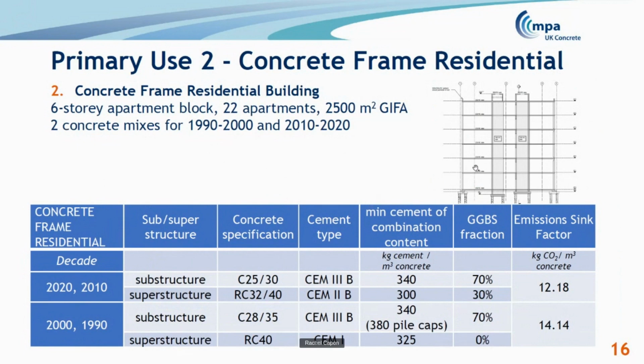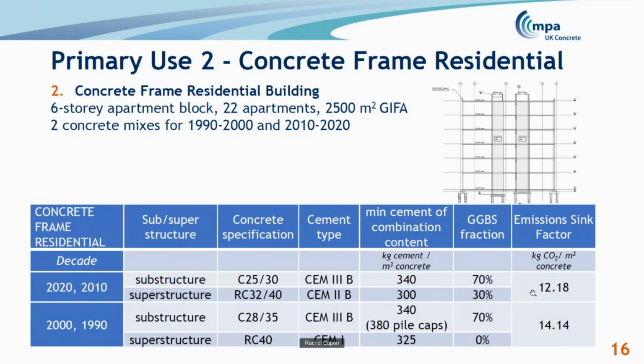The concrete frame residential is slightly different because most of the carbonation will actually be taking place on the exposed ceiling, whereas the floor is covered, so you won't be getting carbonation on the floor surface. And again, we've got more GGBS in the superstructure in recent decades than historically.